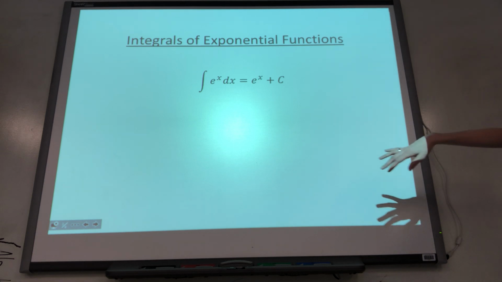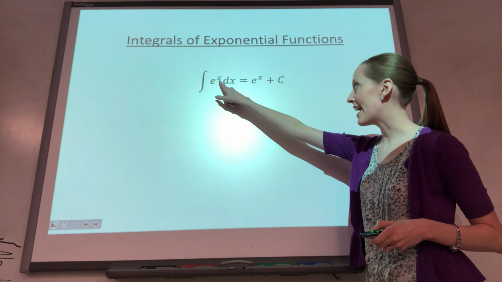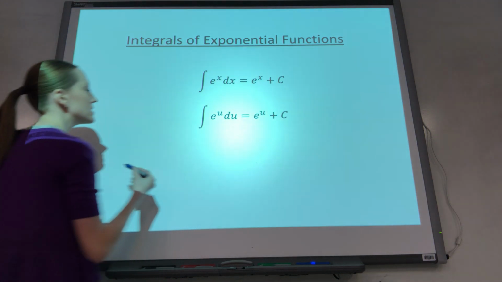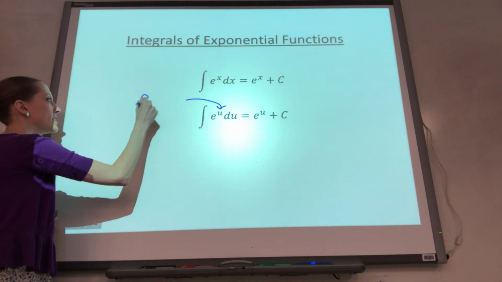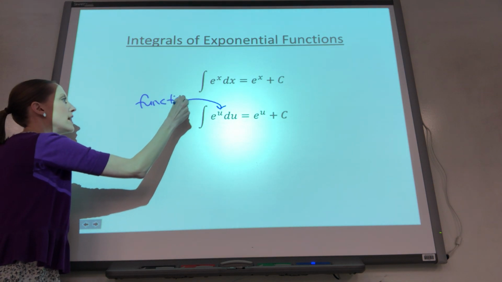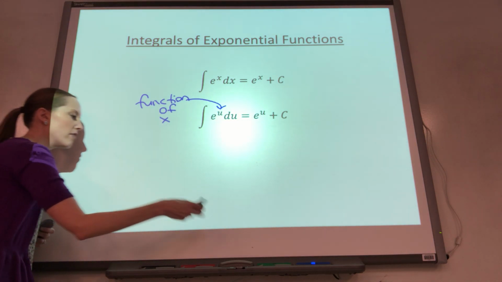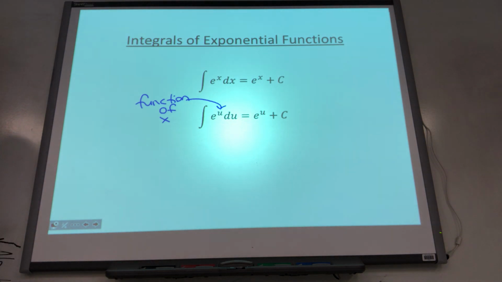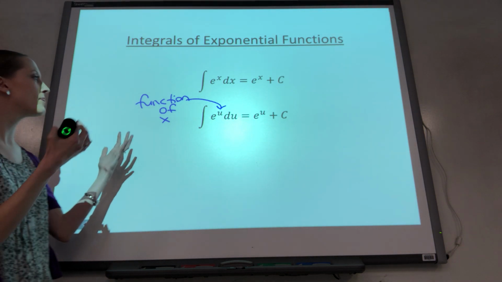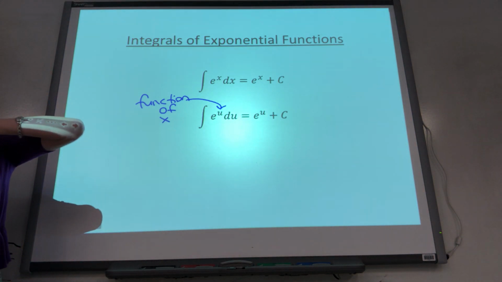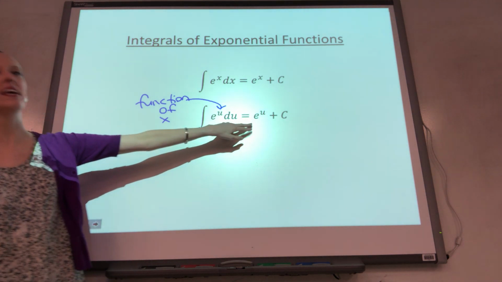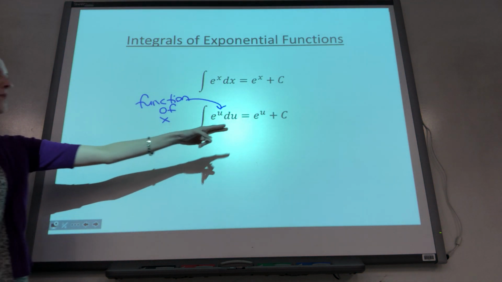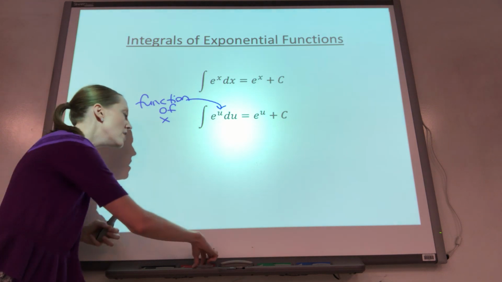Now, the other one is not going to use x, it's going to use u. And just so we're all on the same page here, u is some kind of function of x. It might be 2x. It might be x squared. There's something happening to the x. Now, when you integrate that, you'll notice it does just turn back into e to the u.